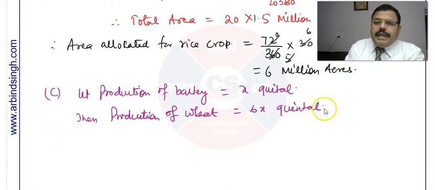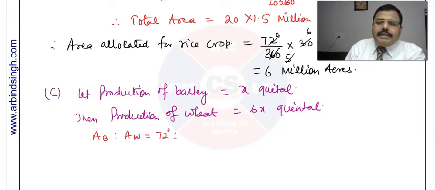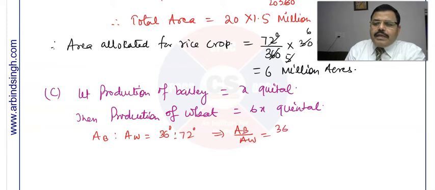Now area is directly proportional to the central angle allocated. So the area of barley to the area of wheat: barley is 36 degrees and wheat is 72 degrees. Clearly, area of barley upon area of wheat is equal to 36 upon 72, that is 1 by 2.